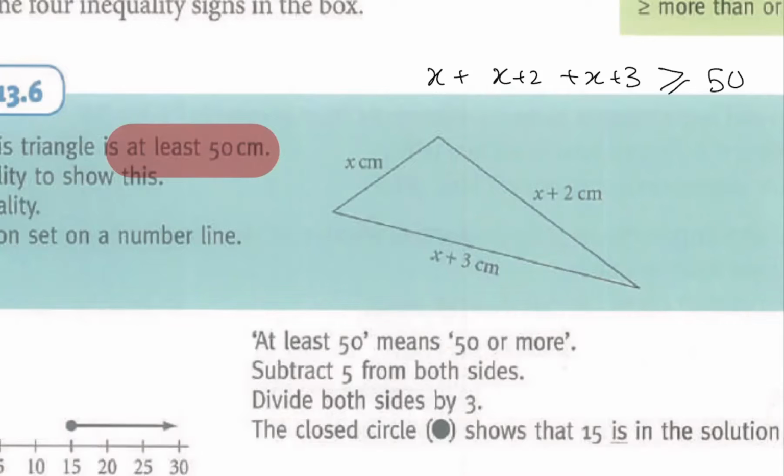Let's solve it. 3x plus 5 is more than or equal to 50. Minus 5 on both sides, 3x is more than or equal to 45. Then divide by 3 on both sides. x is more than or equal to 15.